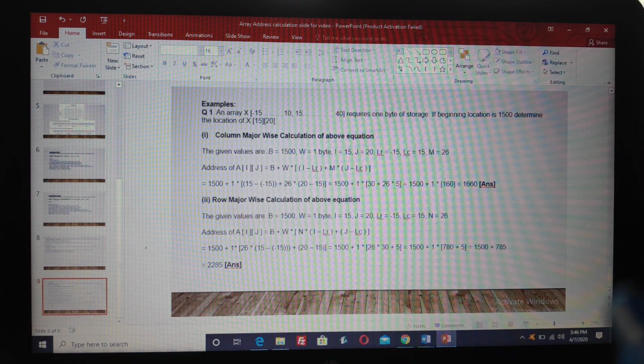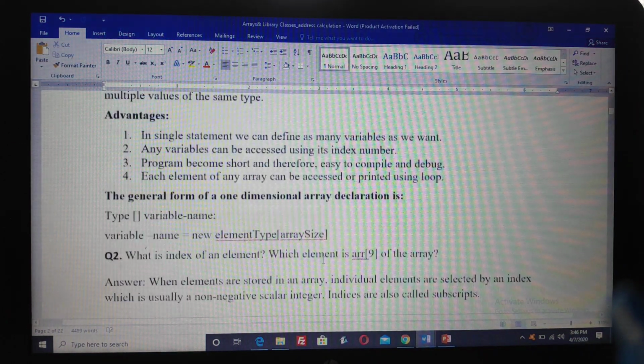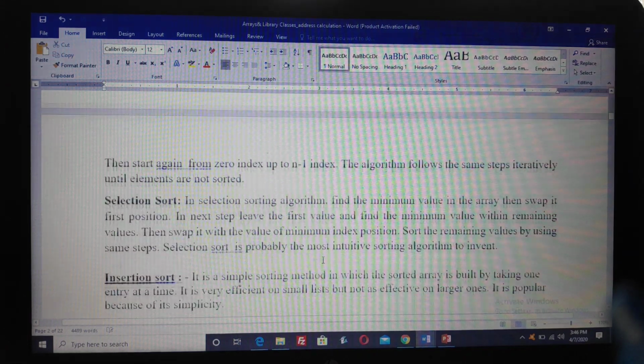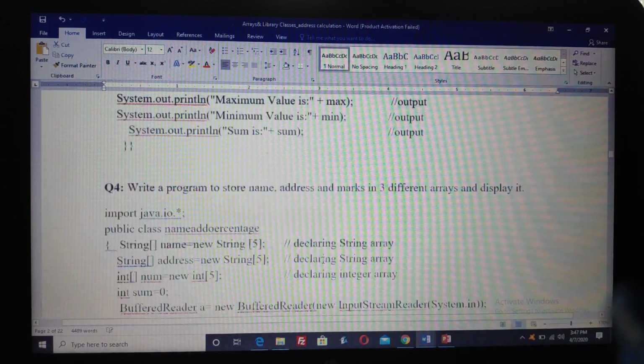Thank you. This is all about how to calculate the address of a particular element in a two-dimensional array. In the notes itself, I have included many questions related to this. You'll find different types of questions over here.